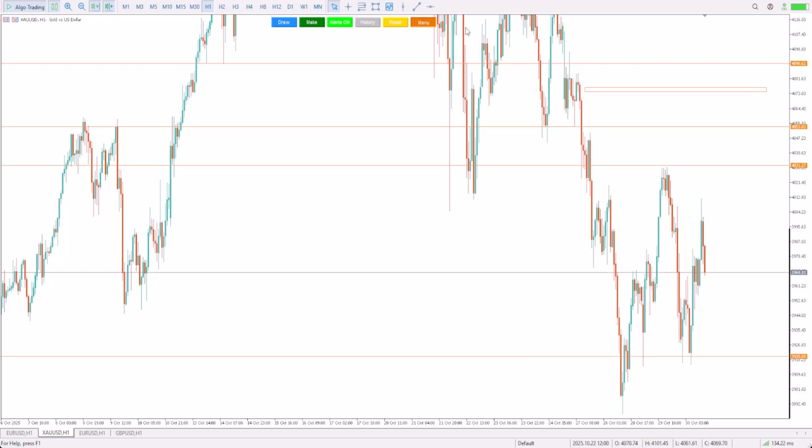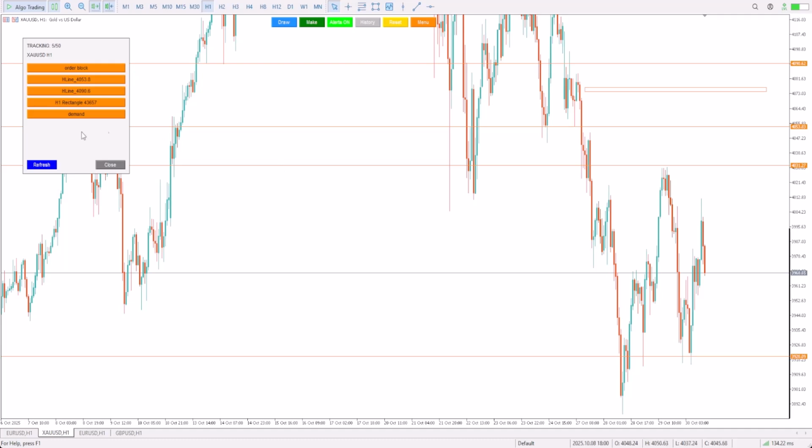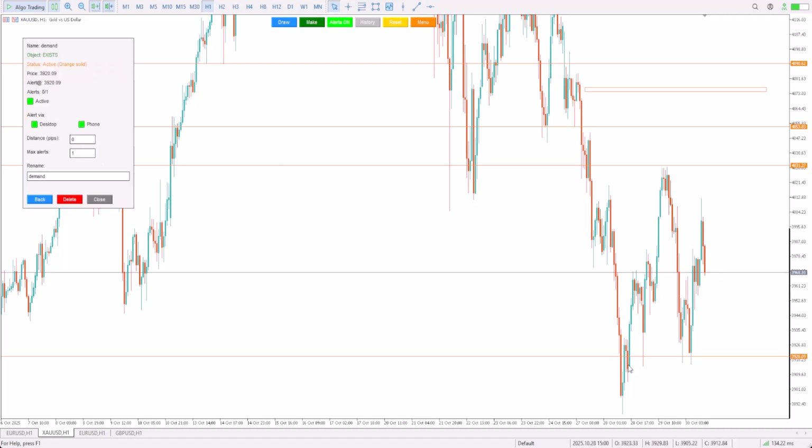All right, now let's continue. Since we are here, we see it's on the price 3,920.09, and the alert will come here. Now here we have Alert Active.